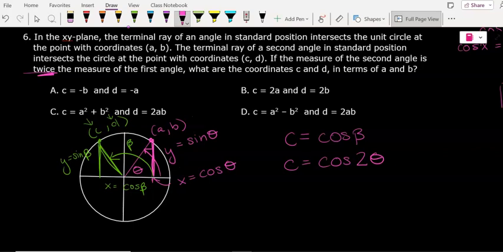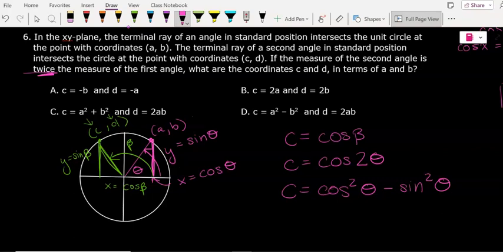That's my double angle. So now I've got to write this in terms of A and B, and that B is really key. The only way to get this in terms of A and B is to use my equation for cosine 2 theta that has both cosine and sine. So now I'm going to say C is equal to cosine squared theta minus sine squared theta, okay?